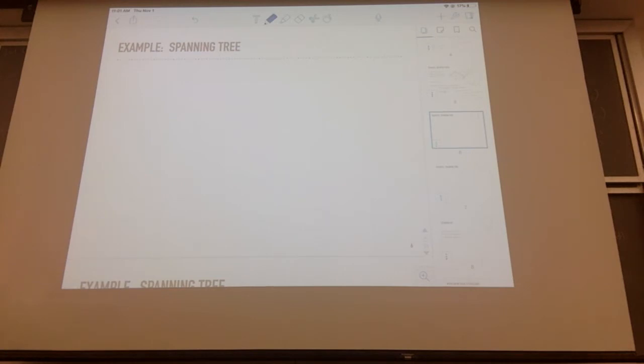So what is the problem? You have an undirected graph G, and you have a bunch of vertices, and edges have weights.